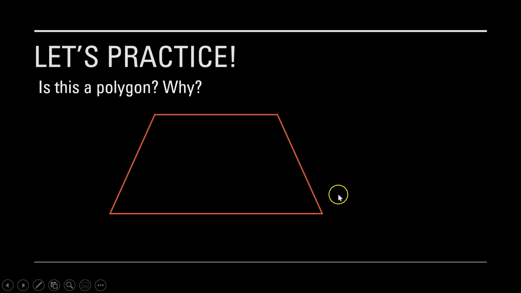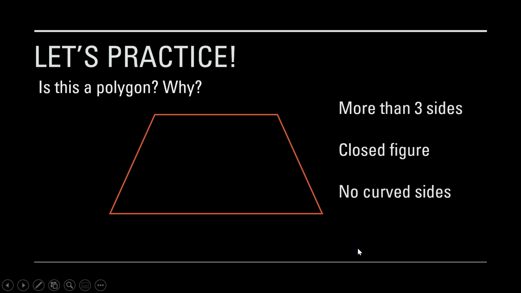All right, boys and girls, when I think about if a shape is a polygon, I instantly think about our 3 rules. The first one is that it has more than 3 sides. I see here that there's 1, 2, 3, 4, so it's going to get a check for that one. Next, I want to make sure that it's a closed figure.